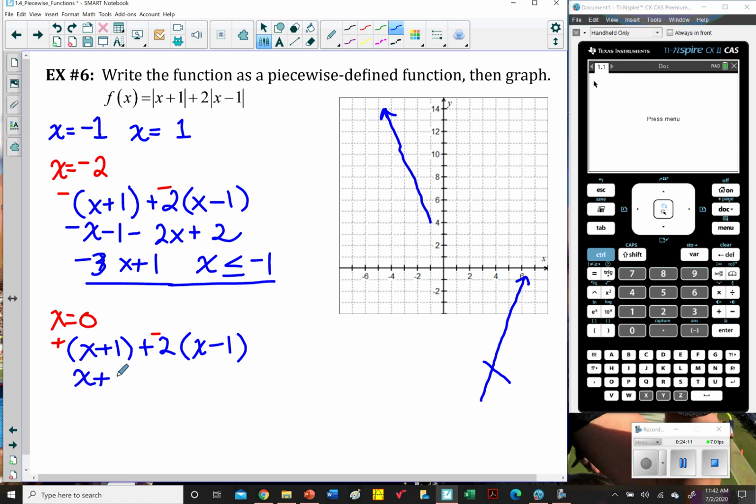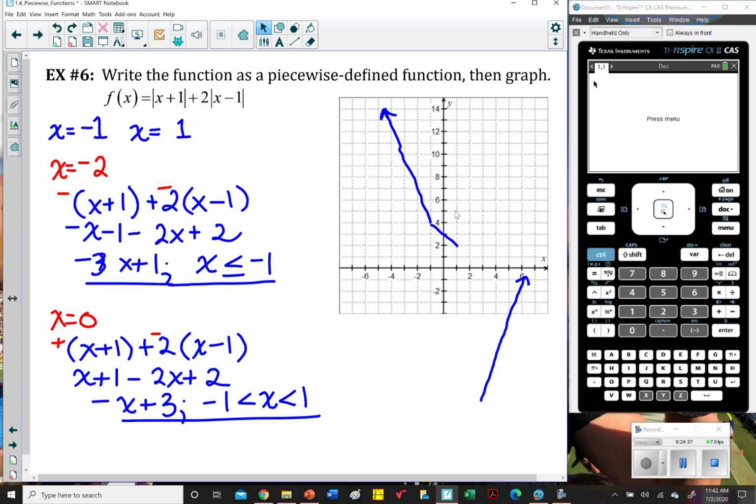And our final result was going to be negative x plus 3, collecting like terms. And that would be on the subdomain between negative 1 and positive 1. So we've got negative x plus 3 on that second piece. And that would look like that portion.